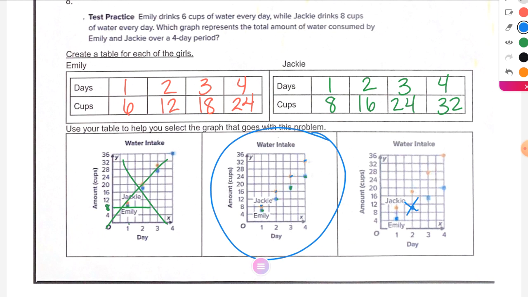Okay. So what you're going to do now for the rest of the time, you have about 20 minutes to work on this. In your book, I'll write this up on the board.